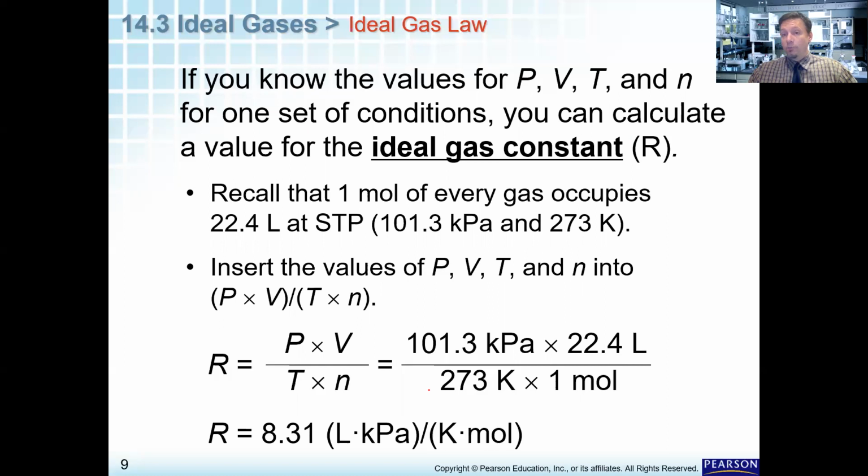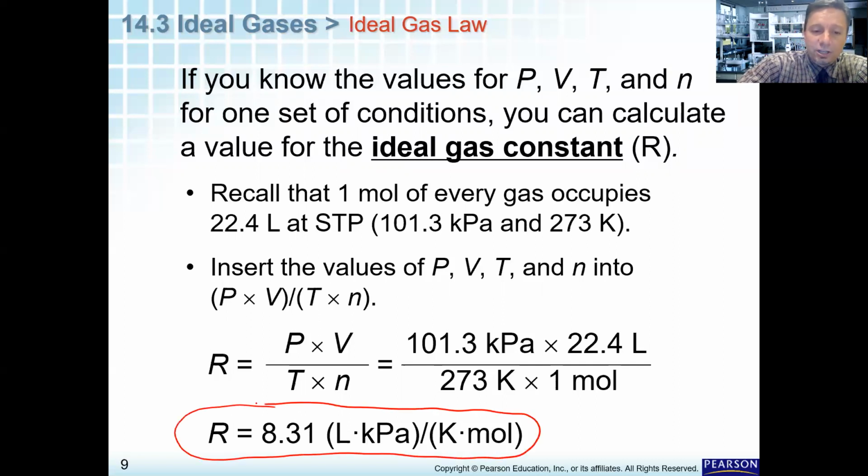One of them is on your formula sheet, and I'm going to have you write the other one in, because you will need to know the other one as well. So you can write it off this virtual lesson and add that to your formula sheet. So if you notice here, you have your kilopascals. Kilopascals and atmosphere are your 2 main pressures when you deal with gases. So this is the R value that's on your formula sheet.